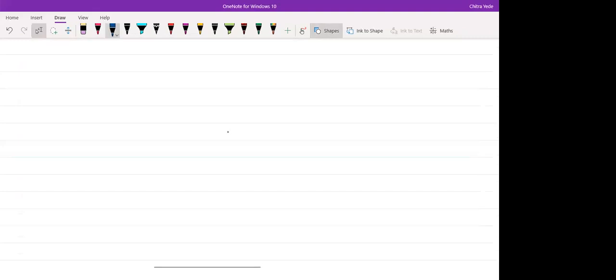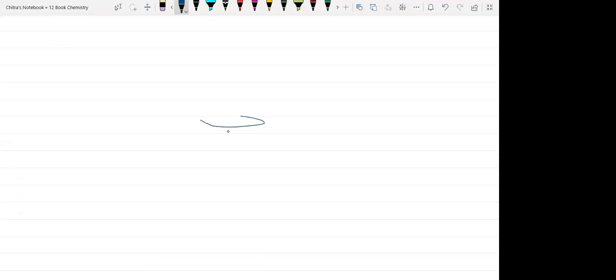So I'm drawing one container here, and here we have the liquid surface. Let me draw the liquid surface in brown like this.